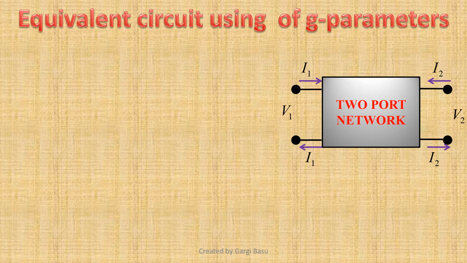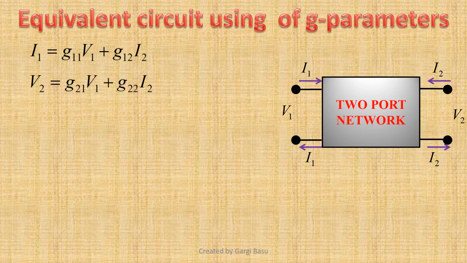Now let us draw the equivalent circuit of a two-port network using G parameters. The linear equations used to describe a two-port network using G parameters are I1 equals G11 V1 plus G12 I2 and V2 equals G21 V1 plus G22 I2.